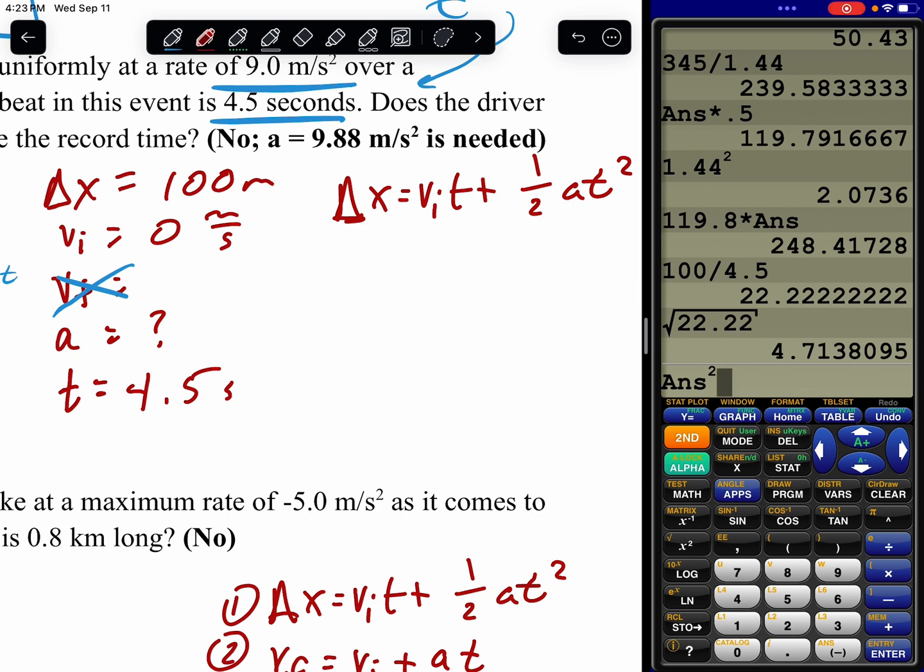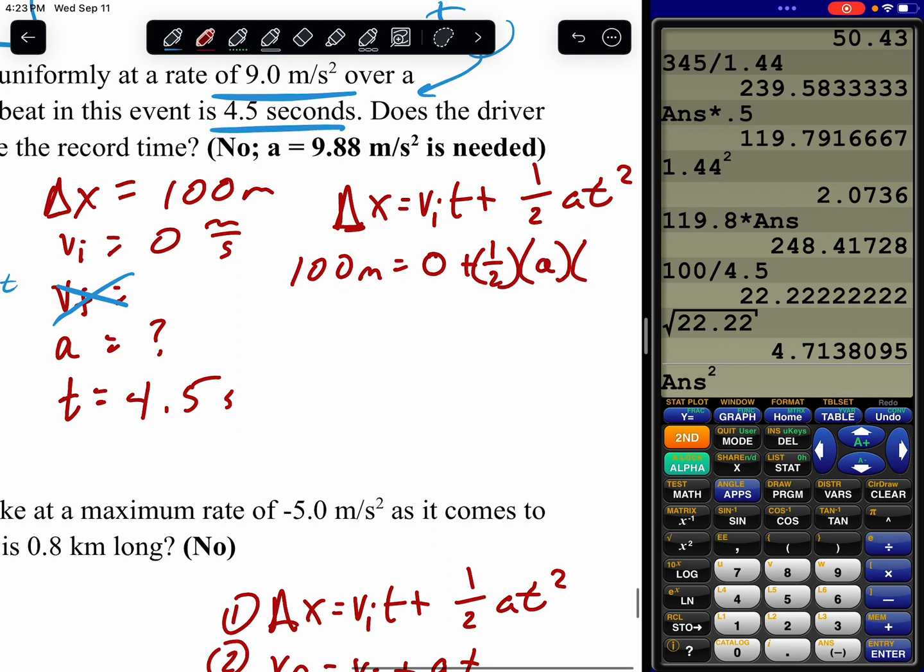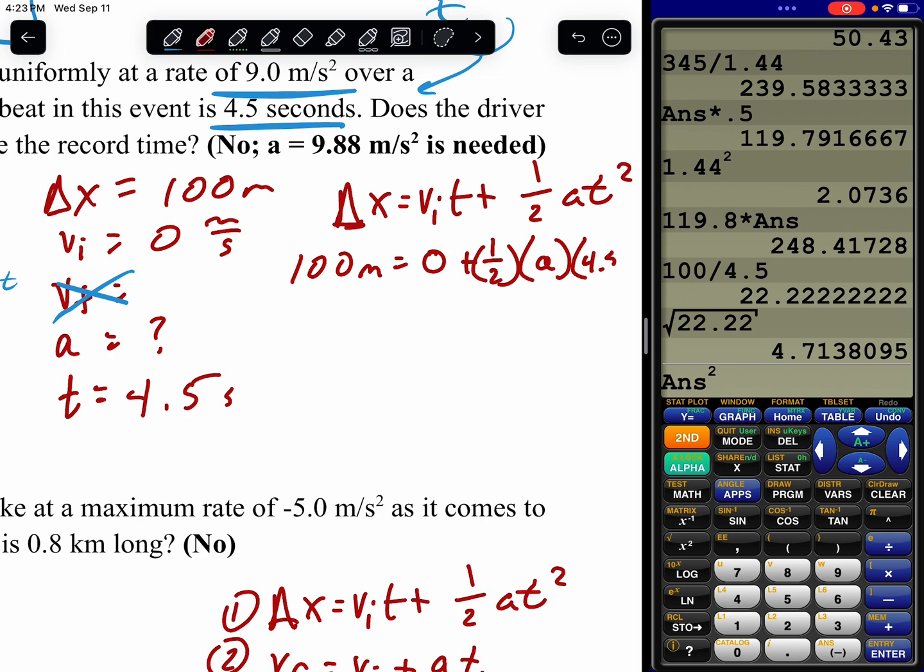This v initial t is still going to be 0, so I'm going to plug in 100 meters equals 0 plus 1/2 the acceleration, which is what we're looking for, times 4.5 seconds squared. We're going to plug in the world record. 100 meters equals 1/2 times 4.5 is 2.25.